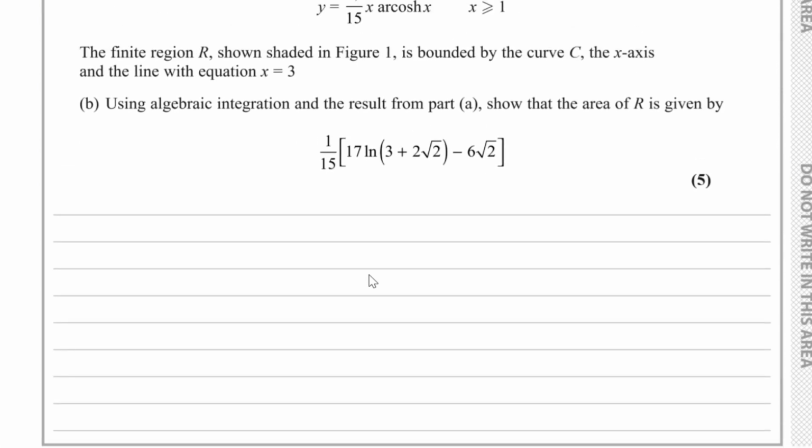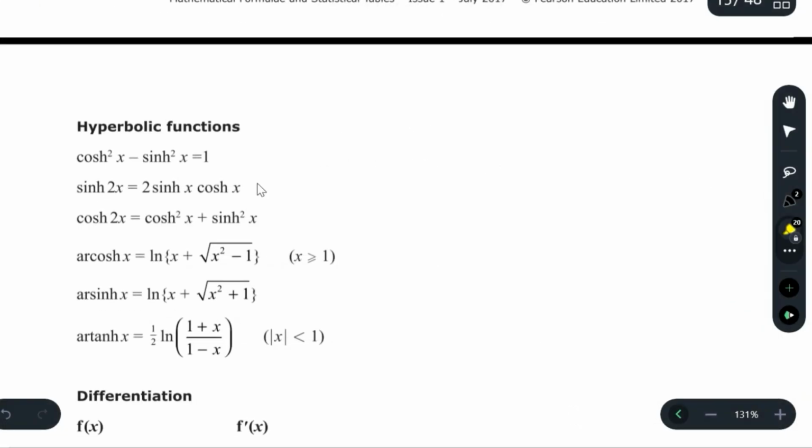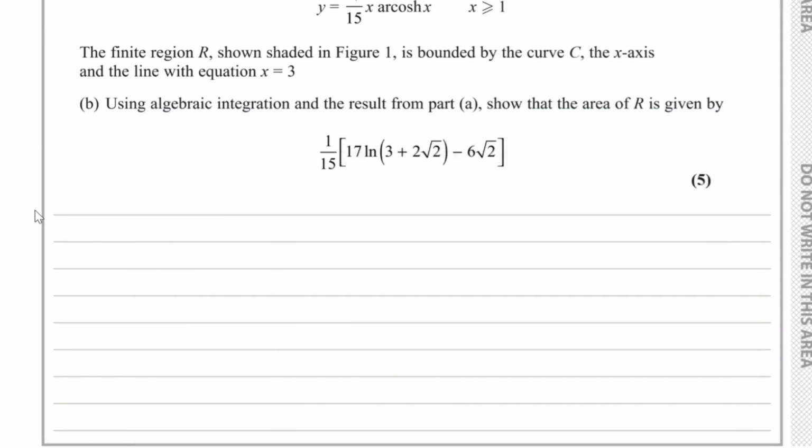Now, if we go to the formula book, we've been given an identity over here. We know already that hyperbolic cosine squared minus hyperbolic sine squared is equal to 1.